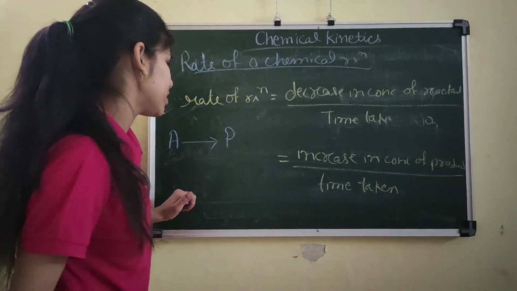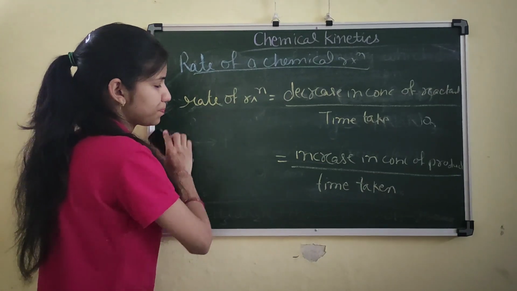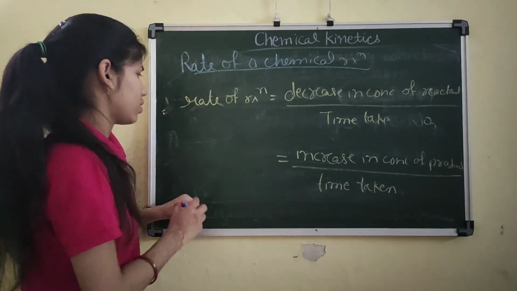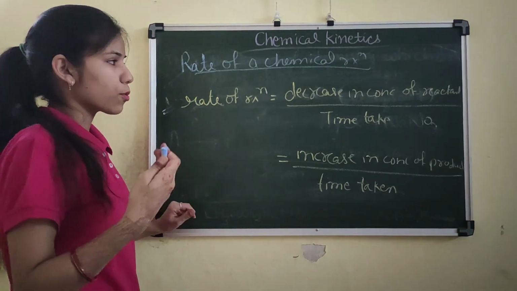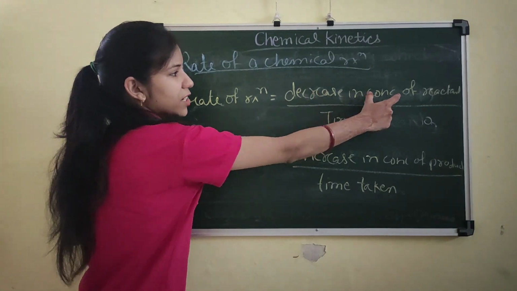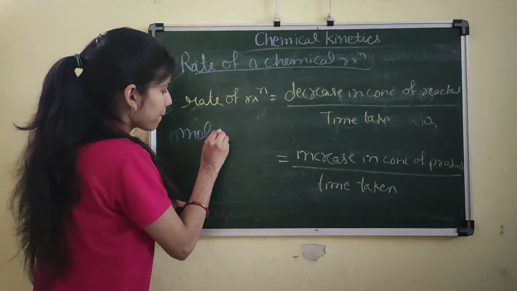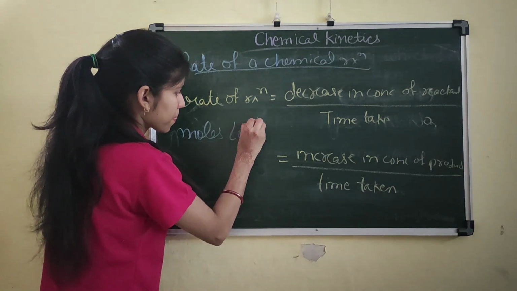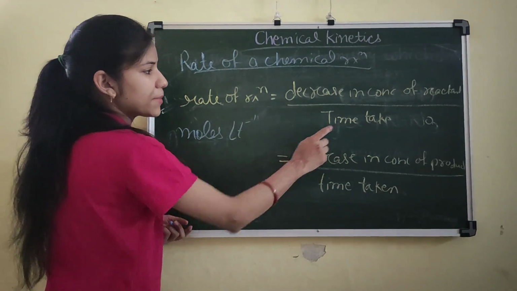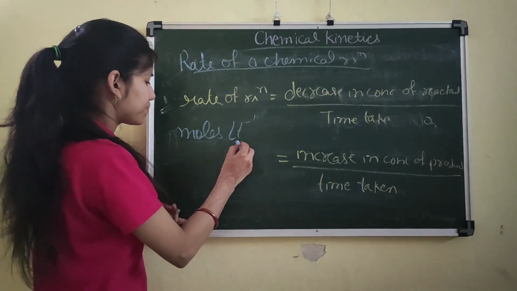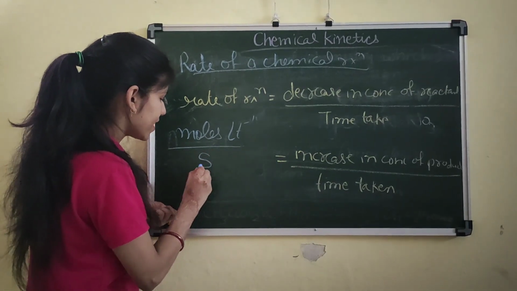Now we define the unit of rate of reaction. For a reactant or product, the concentration unit is moles per liter and the time unit is second.